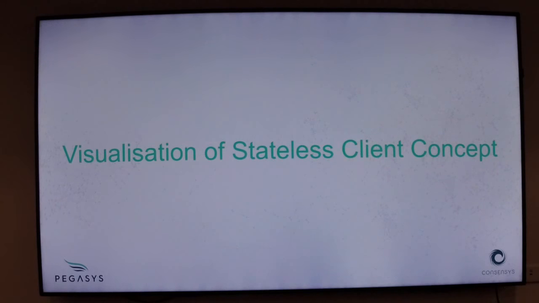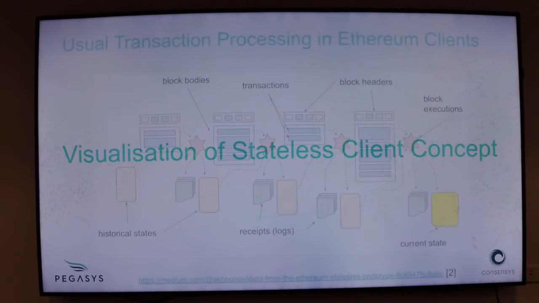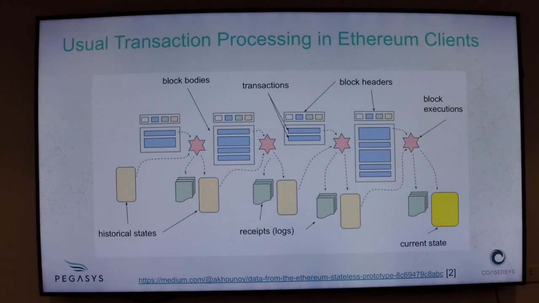So instead of all these words I've given you, I found a really useful illustration by Alexey Akhunov, and again that link is there and it's referenced in reference number 2.